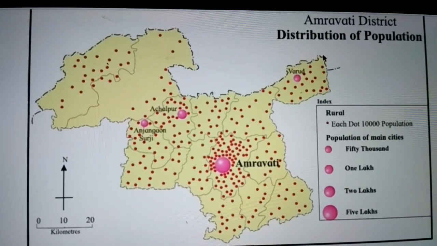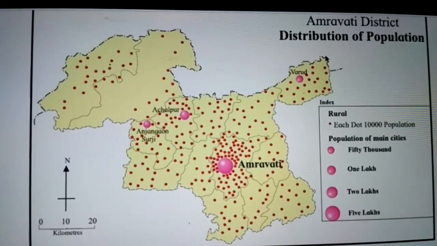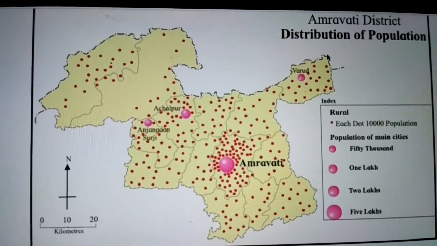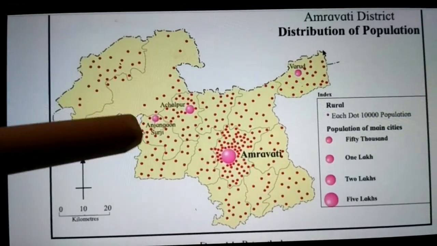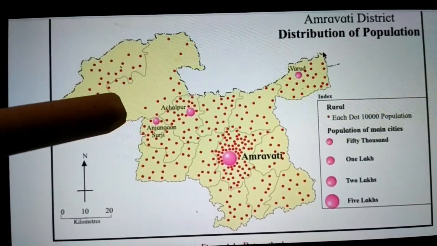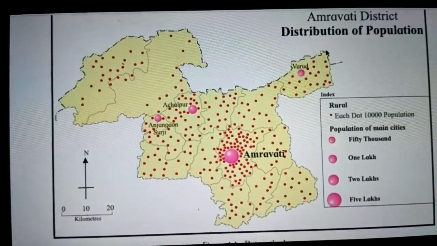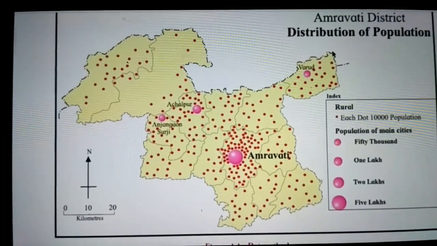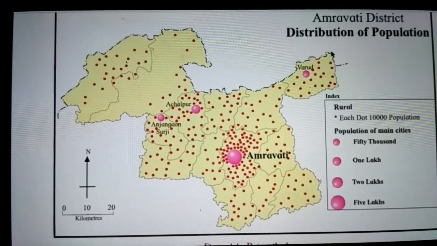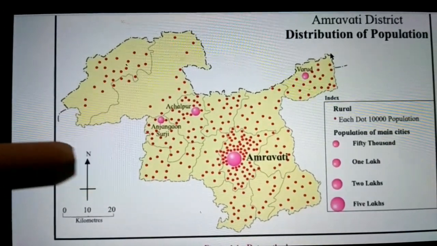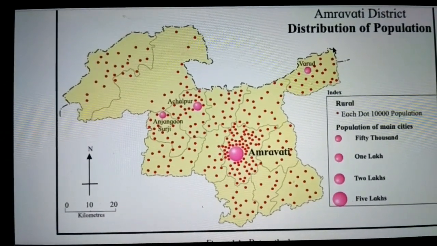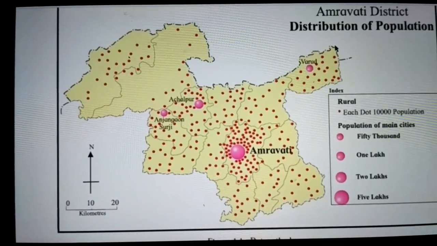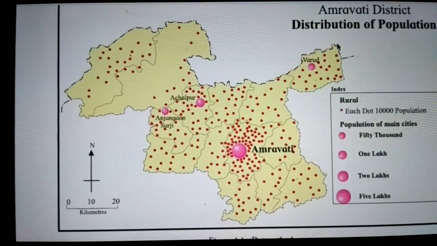Then question 3, which part of the map shows sparse distribution of population? That means lesser population. In the map you can have a look over here, very few dots are shown, and this is Chikaldara district. So in Chikaldara district, the sparse population is shown. In this way, the dot method is used to show variables which are scattered across an area or region.